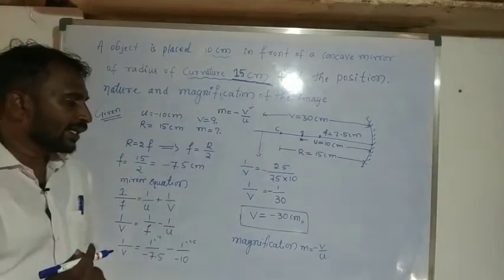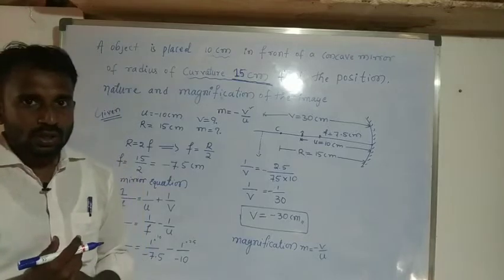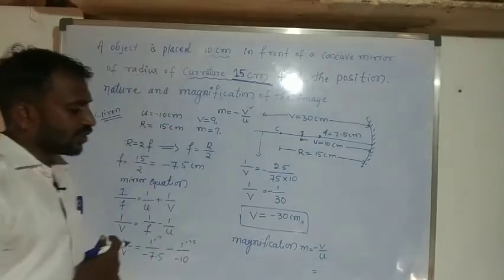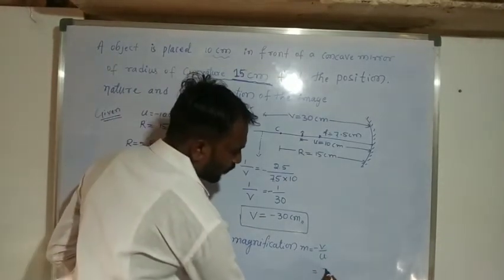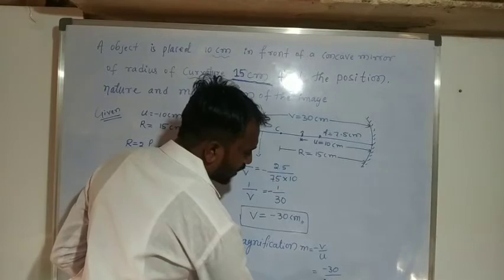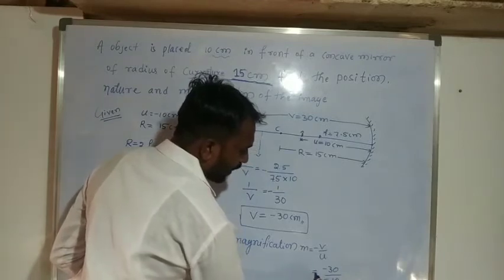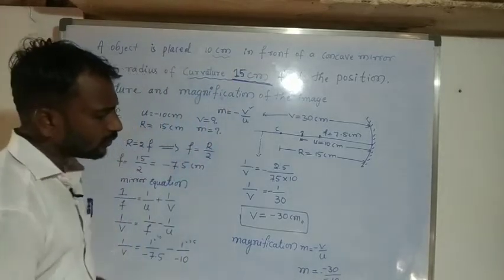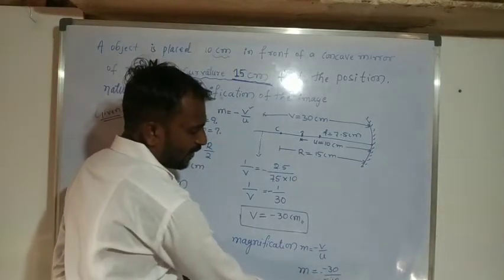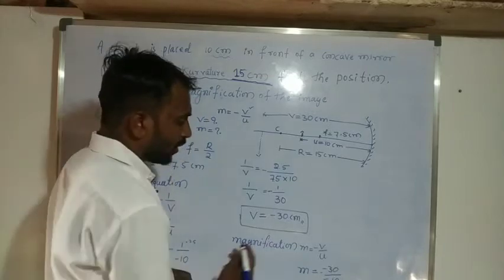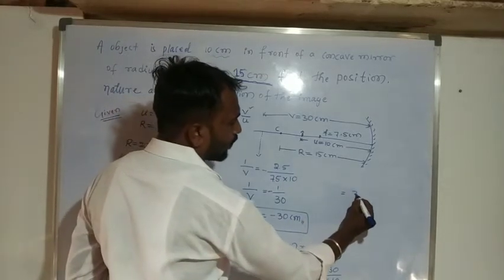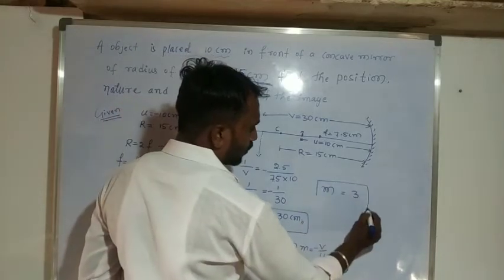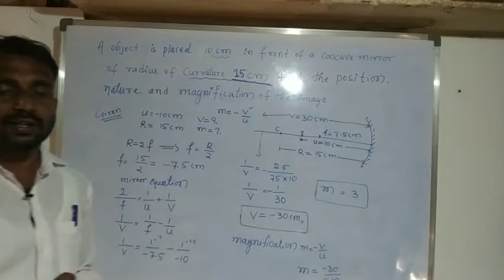With image distance minus 30 and object distance minus 10, so magnification m is minus 30 divided by minus 10, which gives a magnification value of 3. So m is equal to 3.